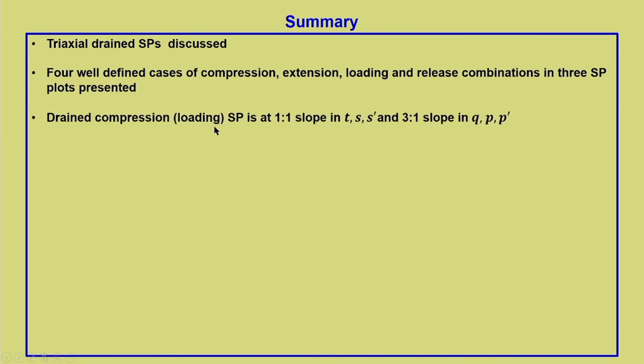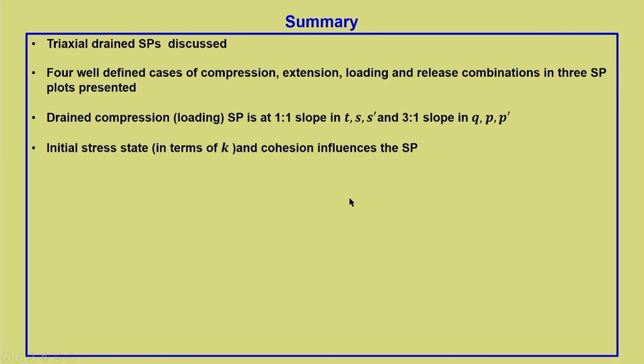Drained compression loading, that means we are talking about increasing of the load, is at 1:1 slope in TSP and 3:1 slope in q-p-p dash. This aspect you need to keep in mind. That is for the triaxial case, compression, and it is loading, that is increase in stresses. So it is positive 1 and positive 3.